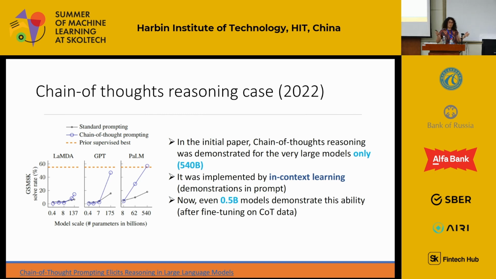Currently it's widely used, but at that time it demonstrated a great increase in the results, especially on mathematical tasks, but it worked only on very large models. It was a paper from Google, who had a large model. It worked only on models with more than 100 billion parameters. So it's quite big.